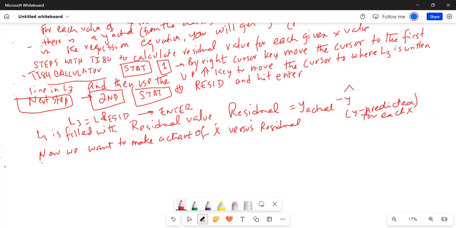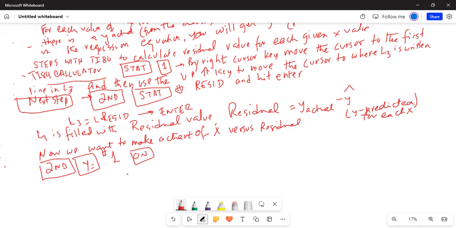So x versus residual. Press second, then the y equal to button, and then select number one. The first line should be on.